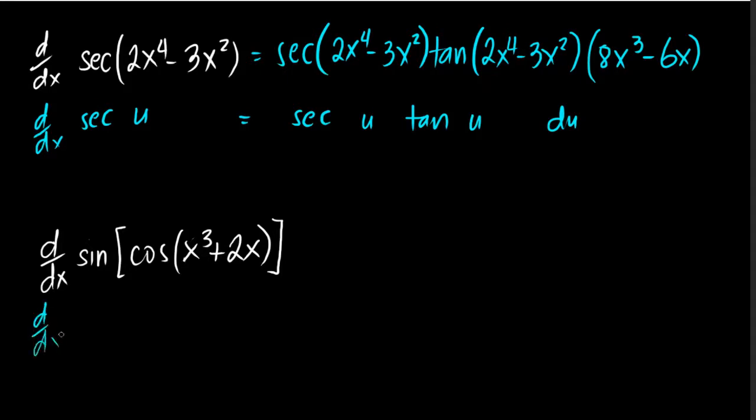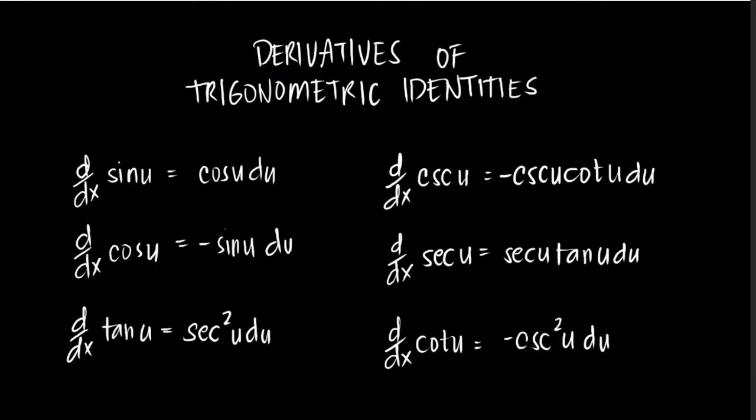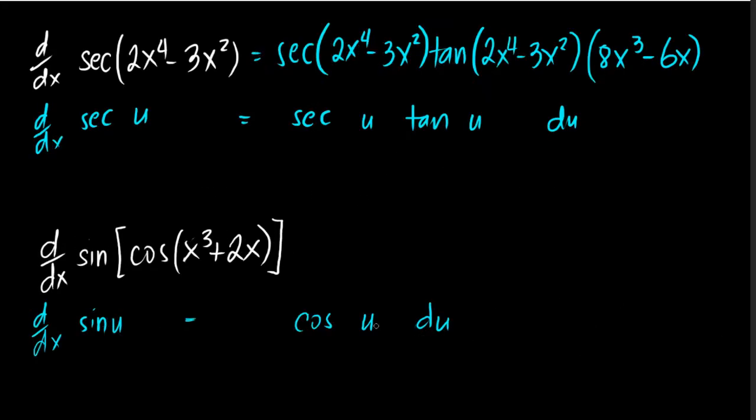The derivative of sine u is going to be cosine u du. So sine u is cosine u du. However, our u here is a trigonometric function again. So cosine of cosine x cubed plus 2x.